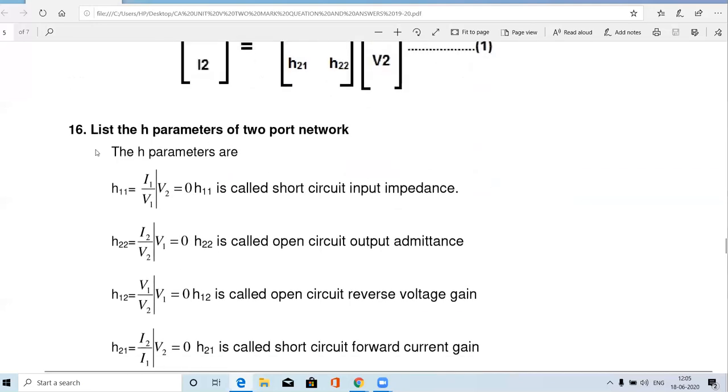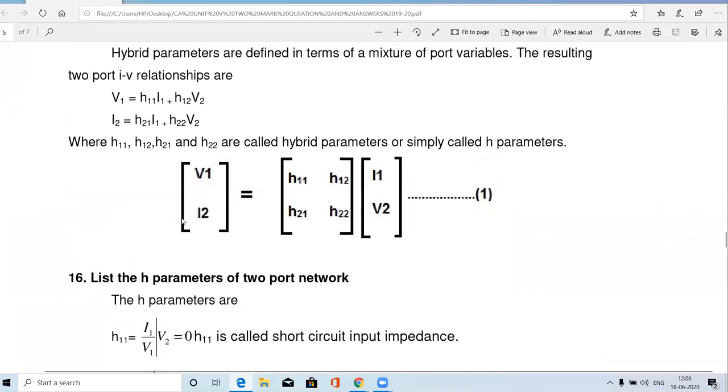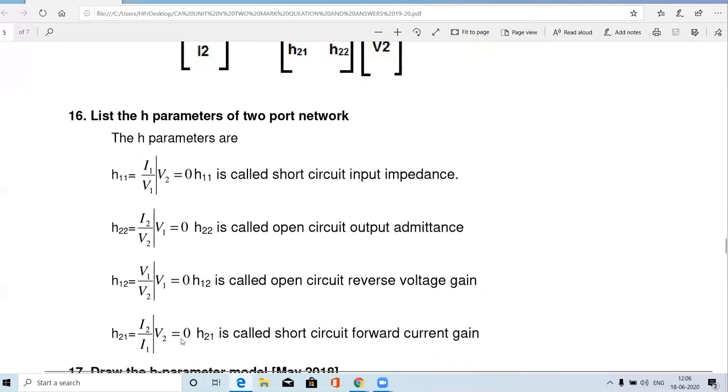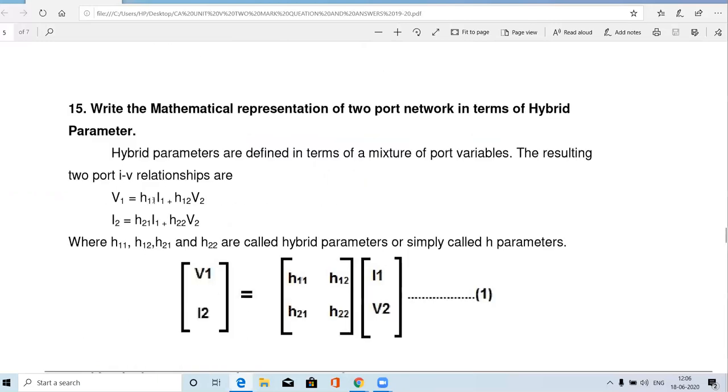Then, list the H parameters of a two-port network. In the hybrid parameters, there is an input impedance, an admittance, a voltage gain, and a current gain. H11 is V1 divided by I1.